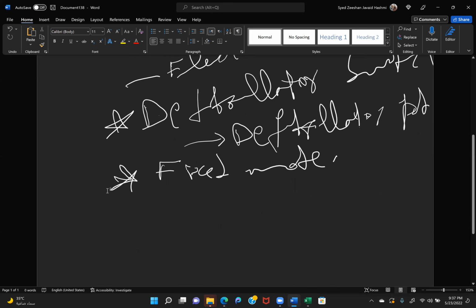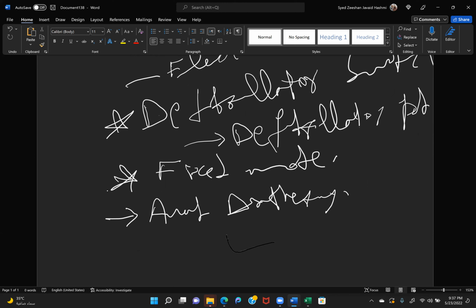And you will try to avoid diathermy. If you have to use it, you will use bipolar, or use it in short bursts.